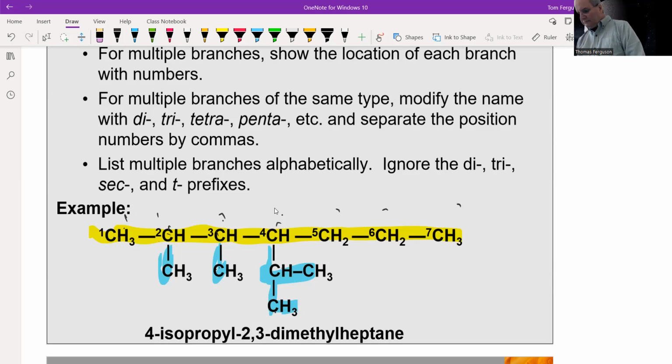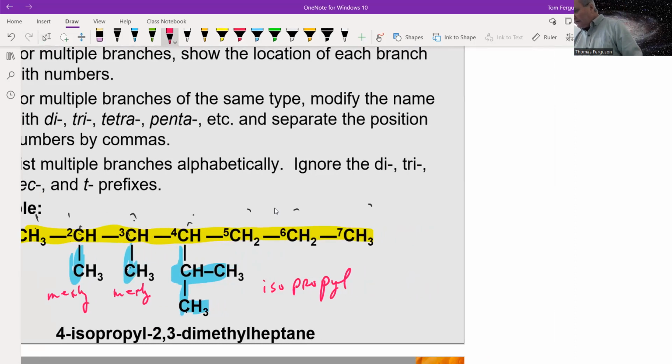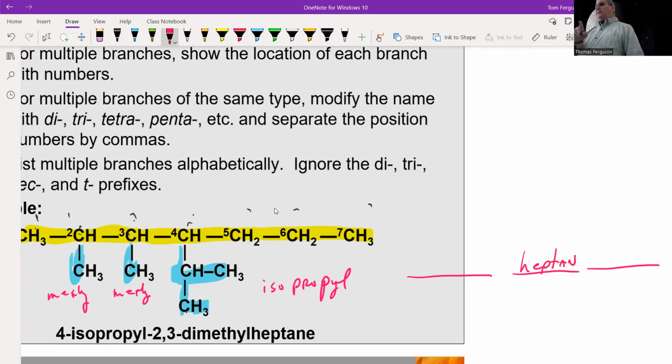We have a methyl, and when you look up in the table, you'll find that this 3-carbon configuration is called isopropyl. Okay, so first step is hepta identifies 7 carbons, E for alkane functional group, and then we have to deal with these branches.